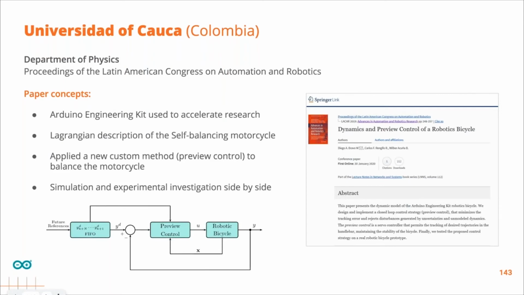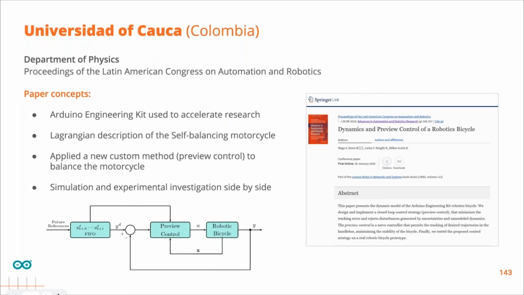So in the University of Cauca in Colombia, I think the physics department made use of this as a tool to evaluate control algorithms, in particular the control, in which they saw how the trajectory could be used to optimize the balancing of the robot.